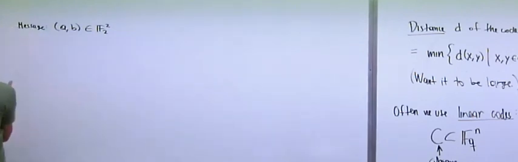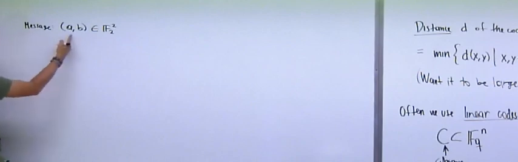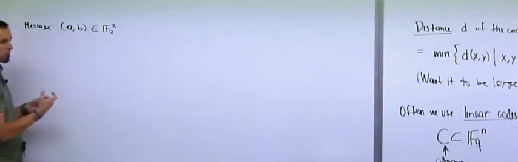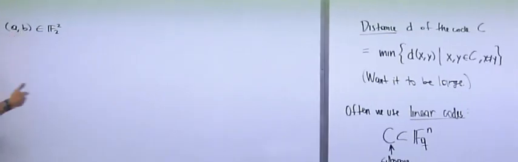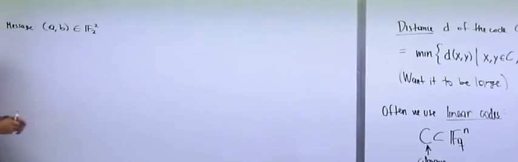Well, the point is this. If you just plug in the message 1, 0 and you send it through the channel, the other person might receive 1, 1, and how are they going to know? Was there a mistake in the way? Is this the right message? How do you know?